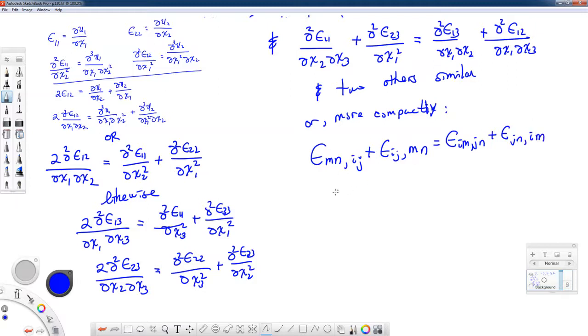These are known as the compatibility equations. Now, contained within this set of equations are these 6 equations that I just mentioned. There are also some things like 1 is equal to 1 that pop out with certain selections of these subscripts.